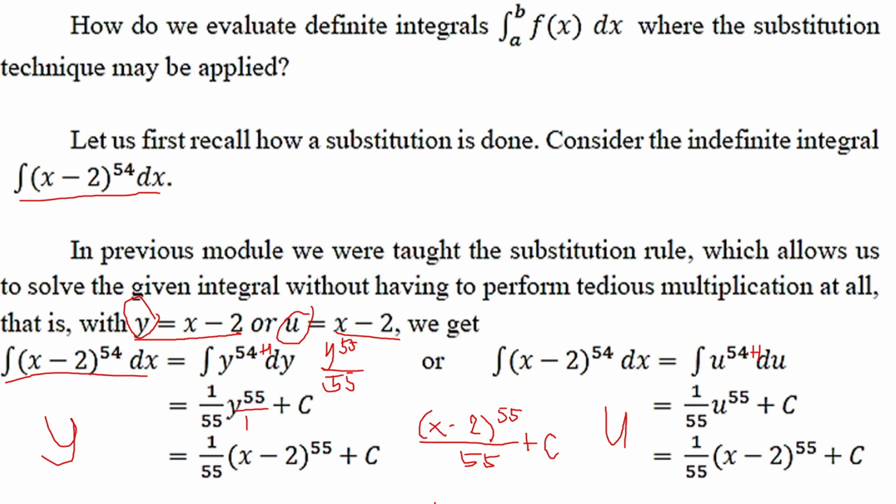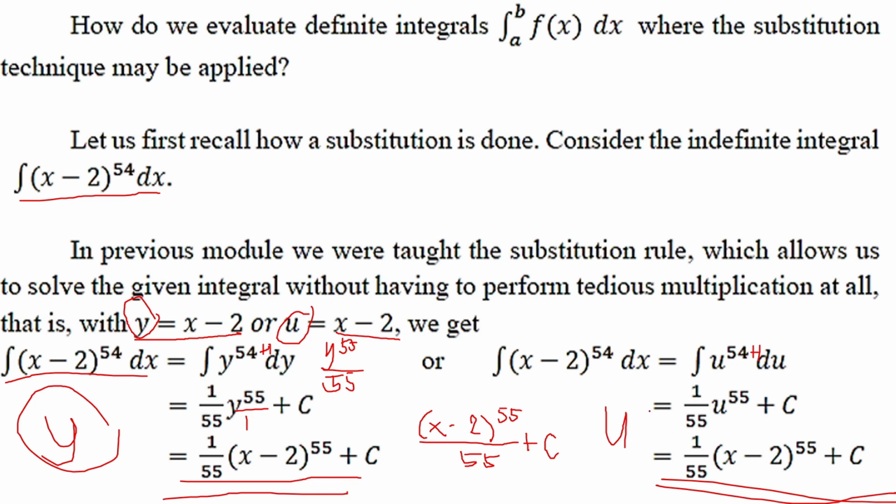Therefore, as you can see, we have 1 over 55 times x minus 2 raised to 55 plus c. It is just the same; we just use a different letter or variable. This is the substitution rule. It means you will just substitute the letter or variable so that you will not be confused using x minus 2, x minus 2, x minus 2 up until the end. Okay? Next.